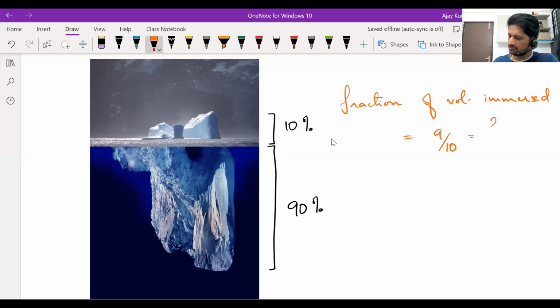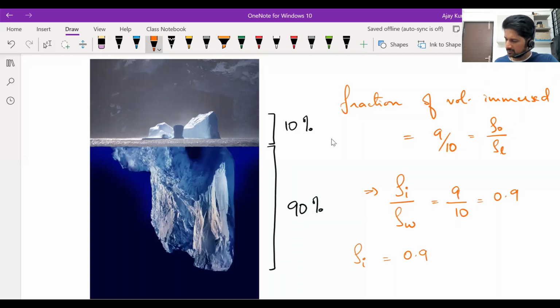And we just derived that the formula is density of object by density of liquid. Object here is made of ice, liquid here is water. That means density of ice by density of water is 9 by 10, 0.9. So ice density is 0.9 times water density.